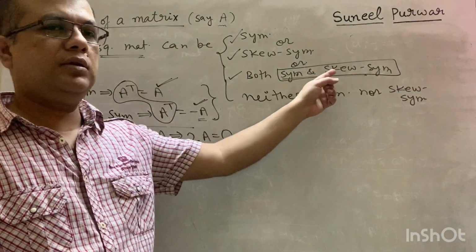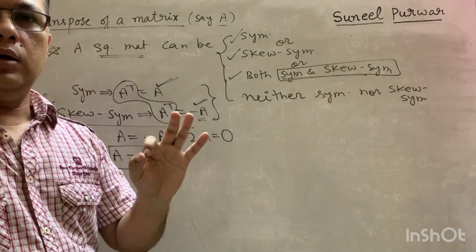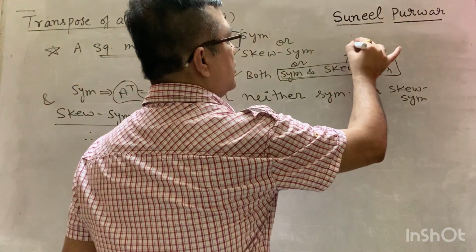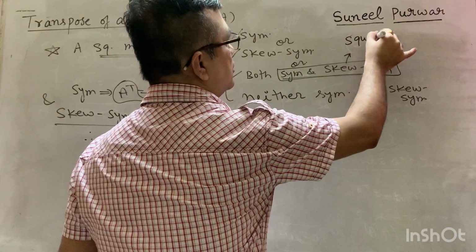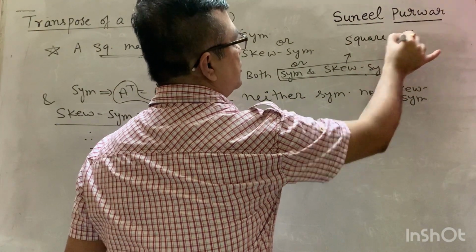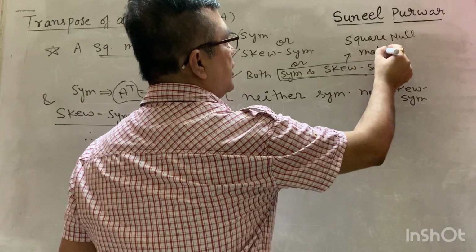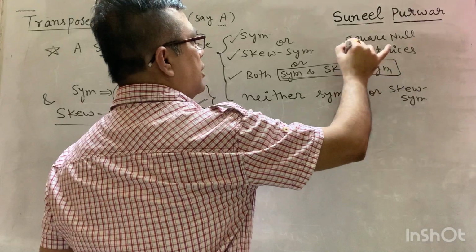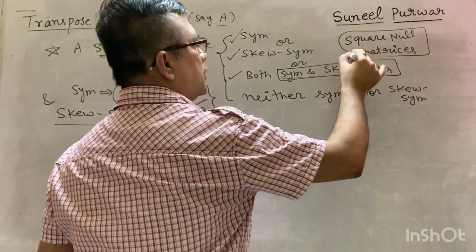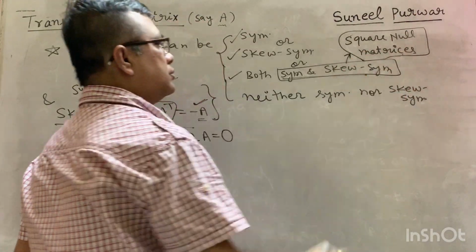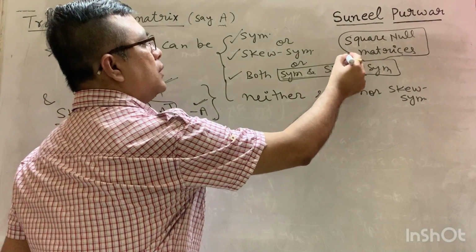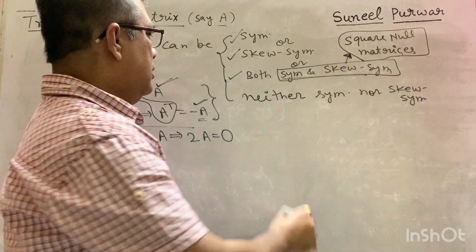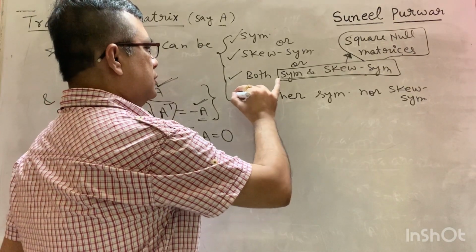Square null matrices fall under this category, which are both symmetric and skew symmetric. And for this, one example is sufficient. For example, you see this fourth situation.